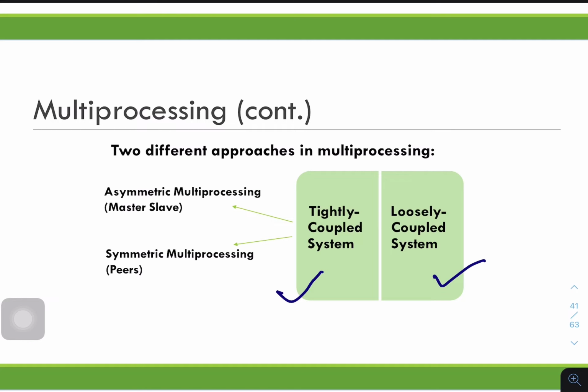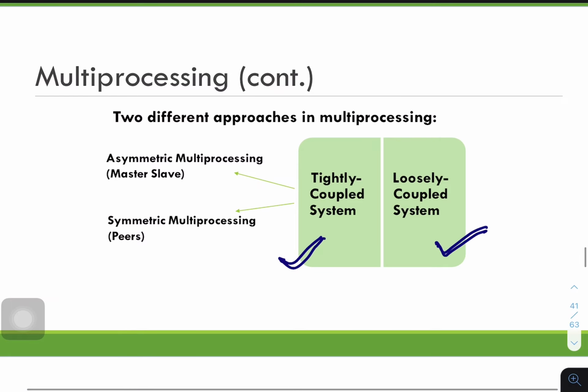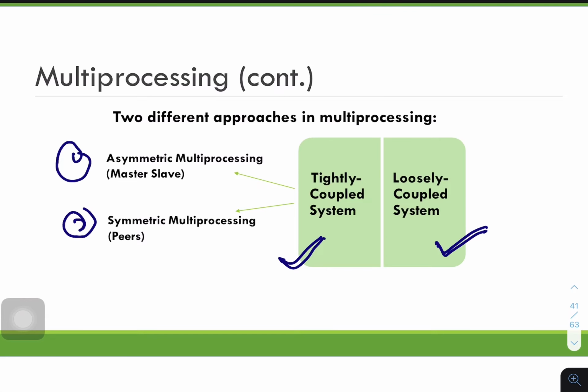So cuma nak kena tahunya the two approaches of multiprocessing are tightly coupled system and loosely coupled system. And the tightly coupled system can be divided into two types, that is asymmetric and also symmetric multiprocessing. The asymmetric is also known as master-slave, and symmetric processing is known as peer processing.